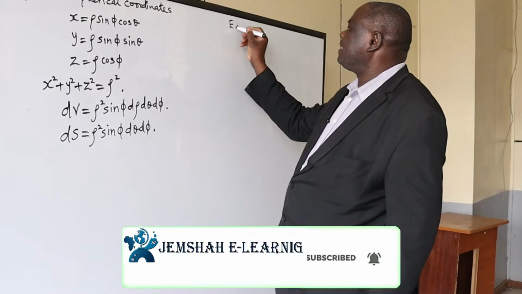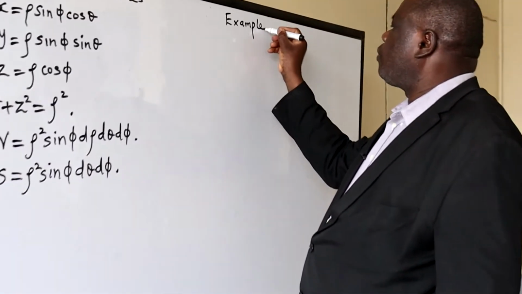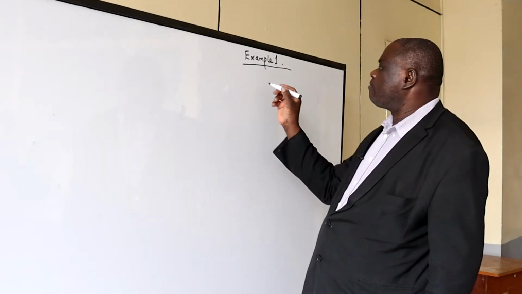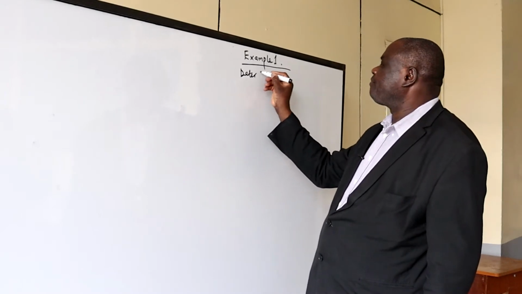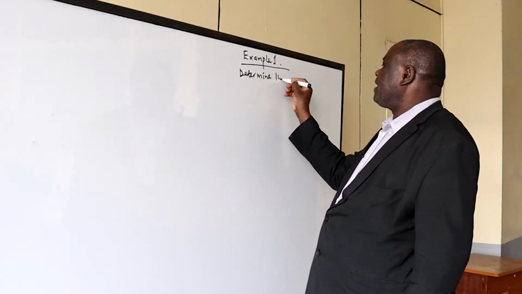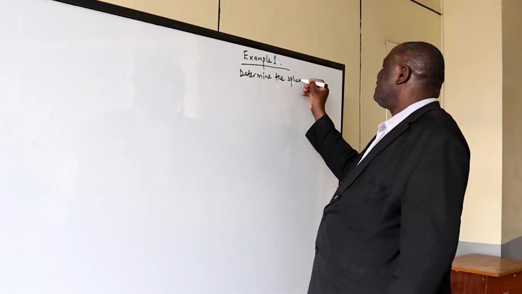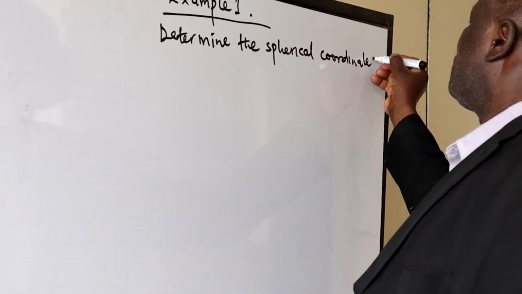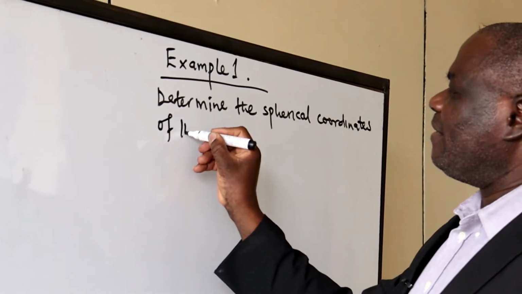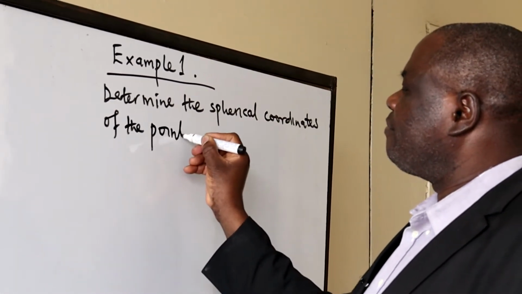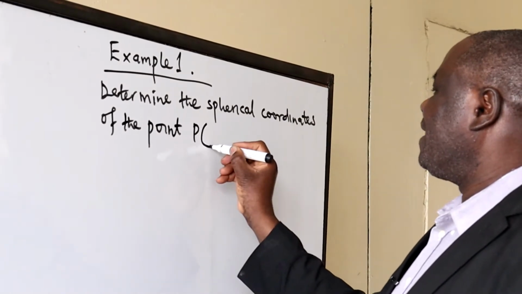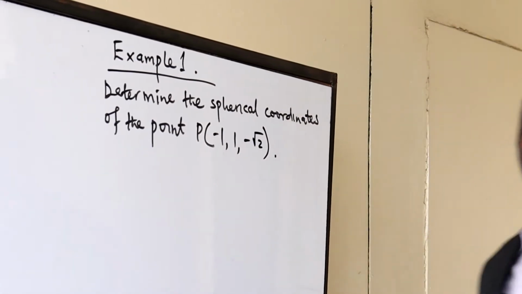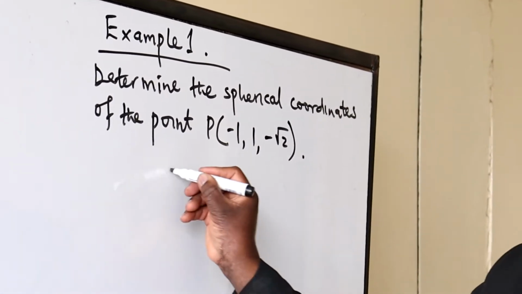Example 1: determine the spherical coordinates of the point P, negative 1, 1, negative root 2.